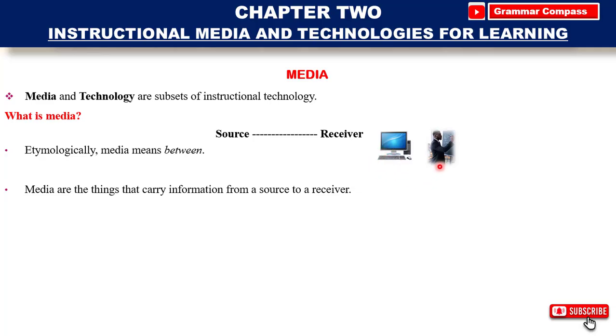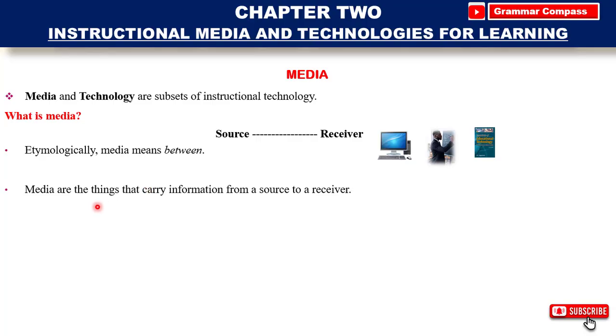Human-based media is also part. So the teacher in the classroom is an example of media because he conveys messages to the students. Textbooks that are used are also examples of media. This is because they carry messages from a source to the receiver.